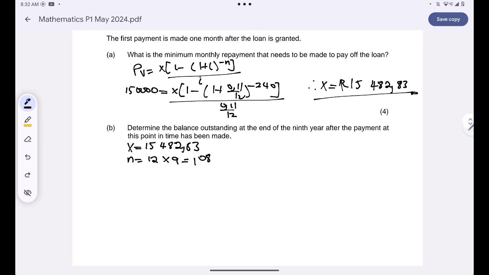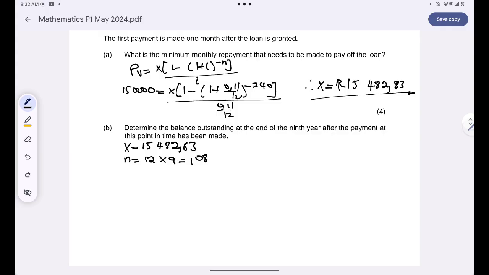Okay, for me to calculate the outstanding loan balance, guys, there are two ways. But I always prefer the one that says the outstanding loan balance is equal to A minus future value. This one always works, because sometimes you're not given the full period of the investment.